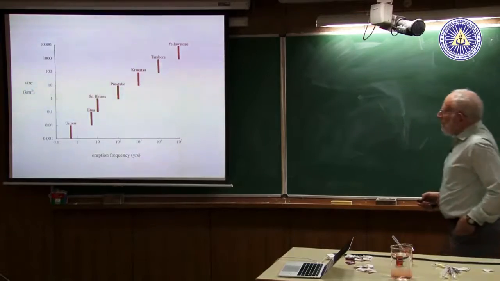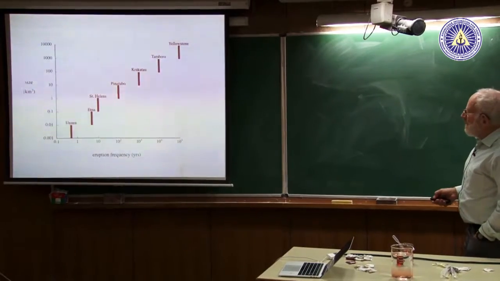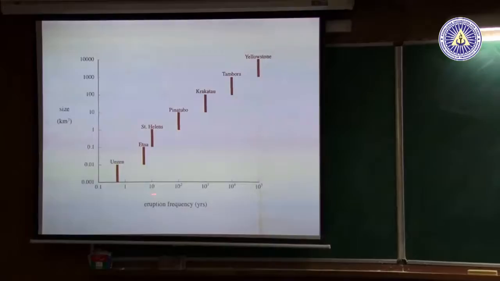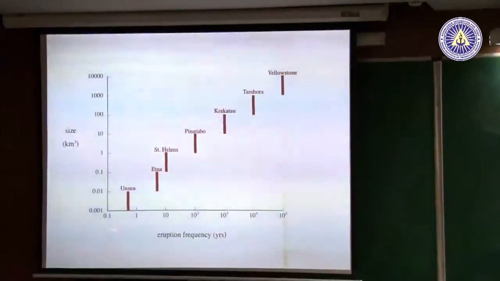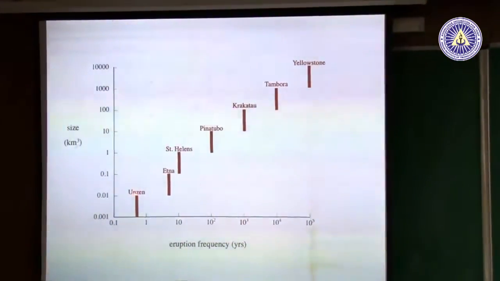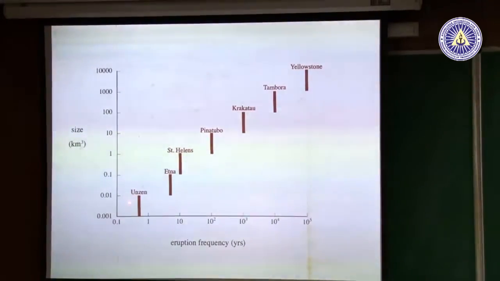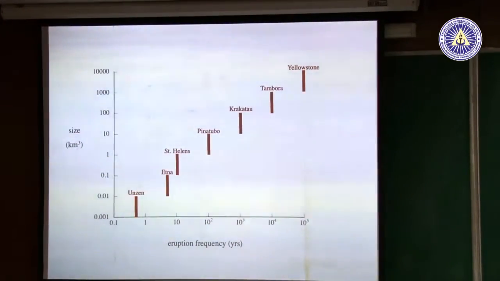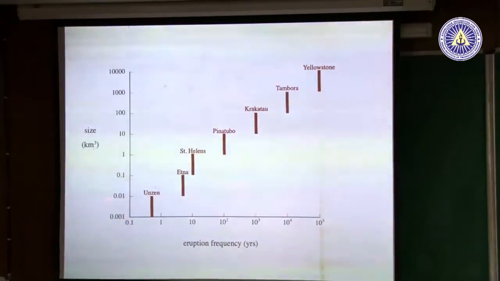This is now an indication of the eruption frequency, as a function of size, getting onto eruptions. And what you see is typically of Unsen. Eruptions of about this size, a hundredth of a cubic kilometre, happen about once a year.